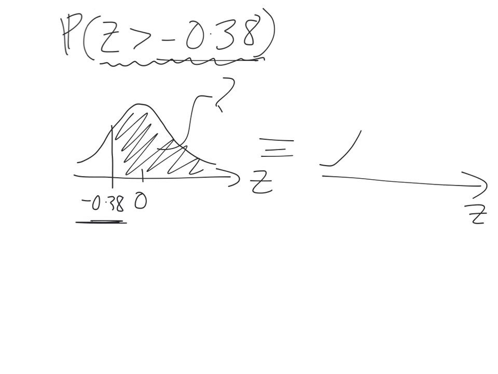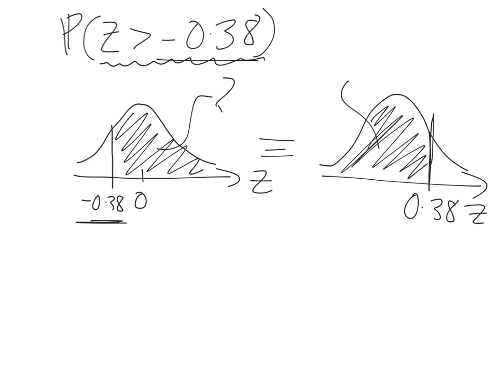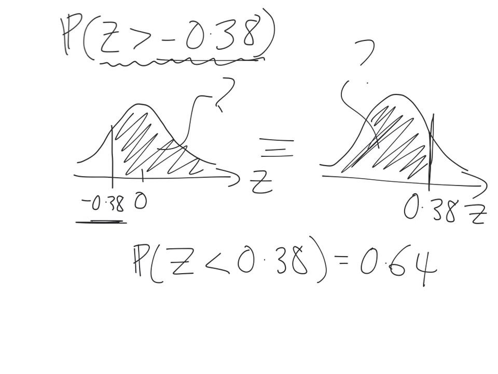So again we've got the z-axis, and now we're going to have positive 0.38, and it's this area that we're looking for. And these are the same, due to the symmetry. So now we look up in the table, we're trying to find the probability that z is less than 0.38, and that is 0.6480.